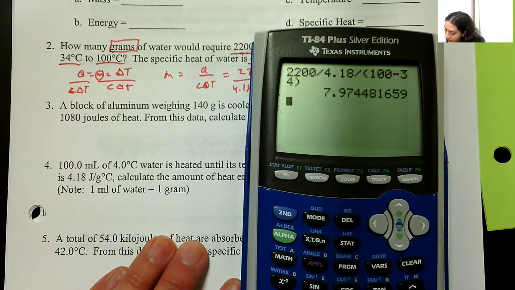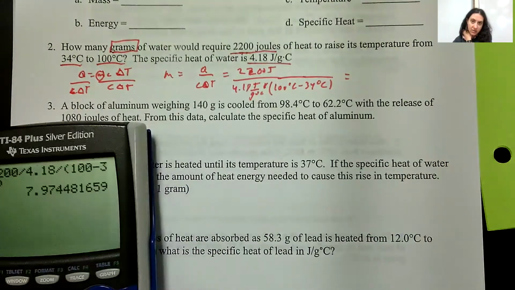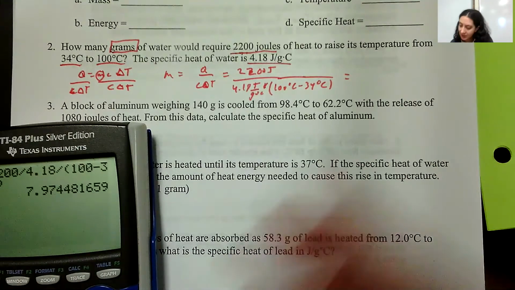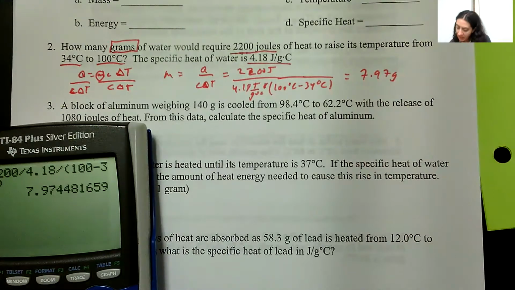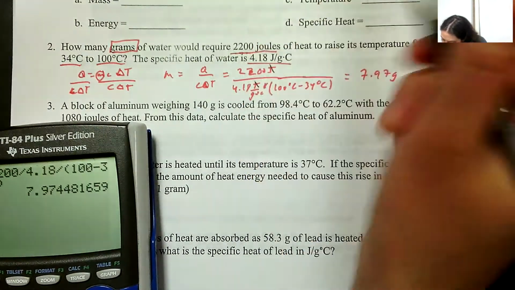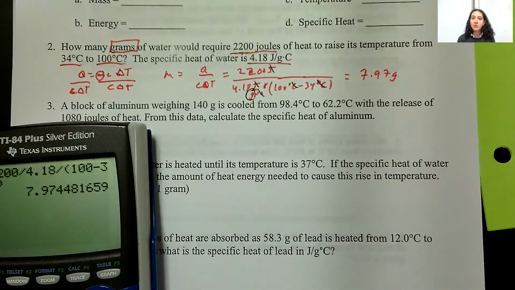Okay, yeah, that looks pretty good. And I got 7.97. So 7.97 is the mass, and that's grams. Seems reasonable to me. If you go through this, you're going to find that the joules cancel, as do the degrees Celsius, and you're just left with grams as the only unit available. So you know that you've probably done the problem correctly.